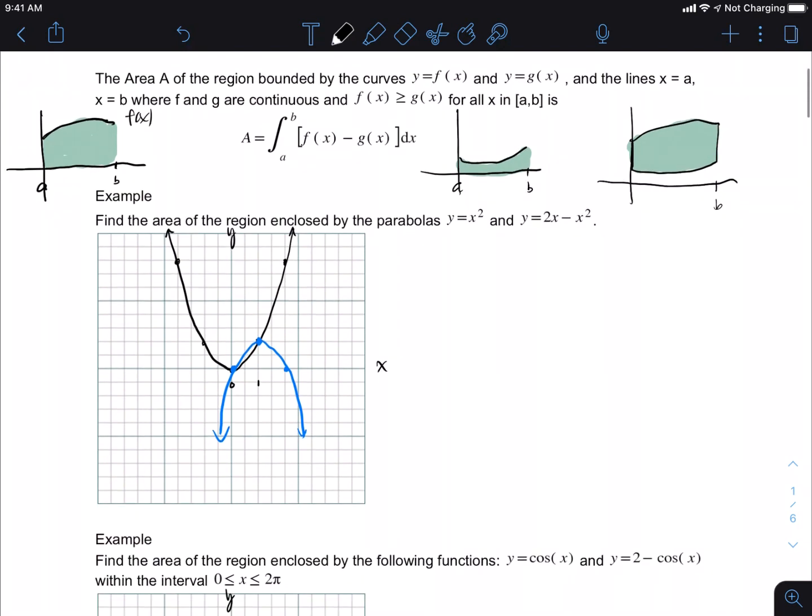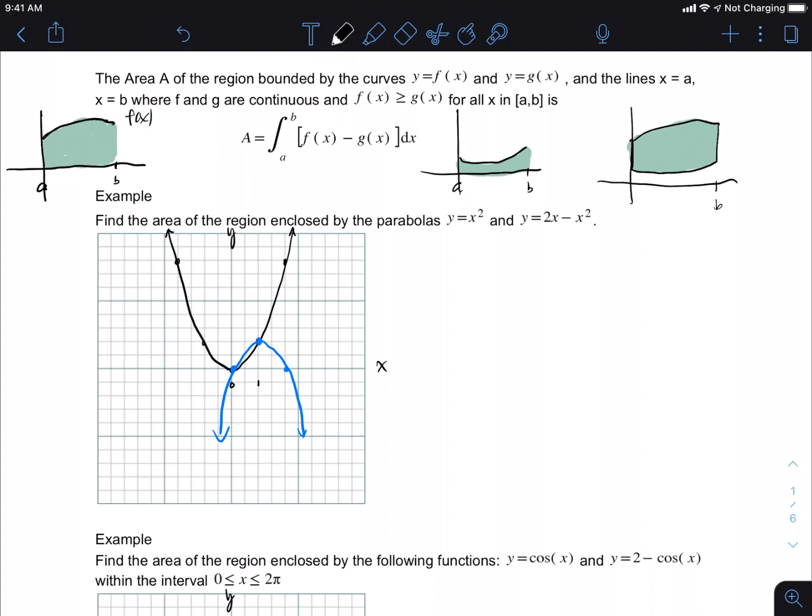So if we look at this first example, it says find the area of the region enclosed by the parabolas y is equal to x squared and y is equal to 2x minus x squared. I did that already. I graphed it. Now what we need to do is determine where the area is that is enclosed.